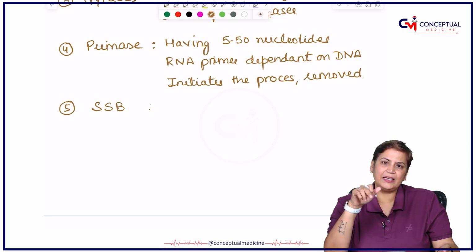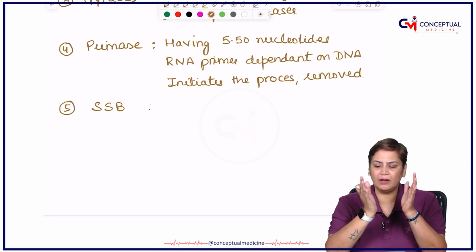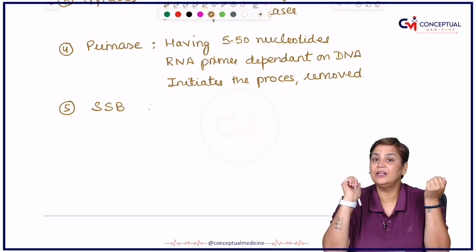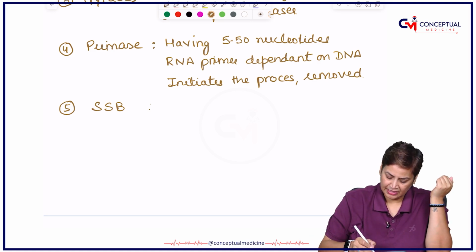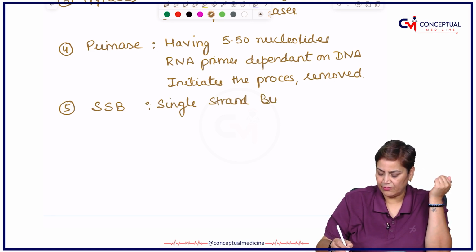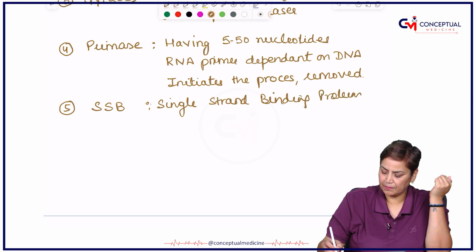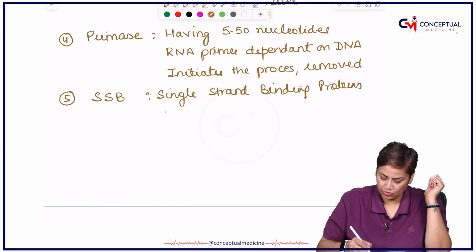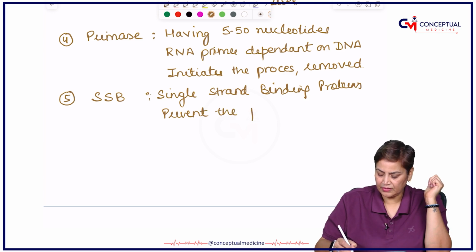So single strand binding protein will be there, which will prevent that reunion, because we have to synthesize the daughter DNA. Right? And what is their function? Their function is to prevent the joining of strands.